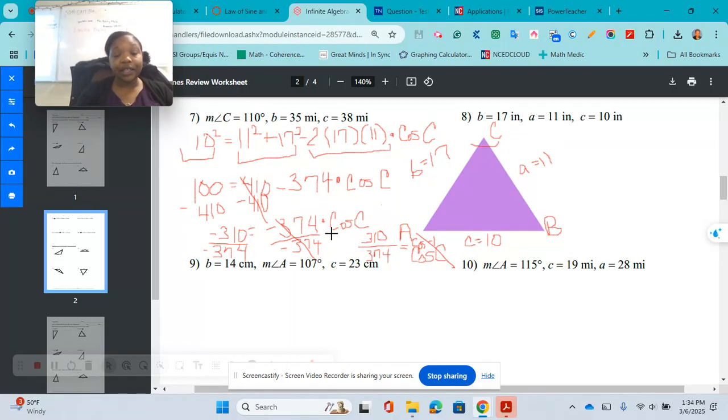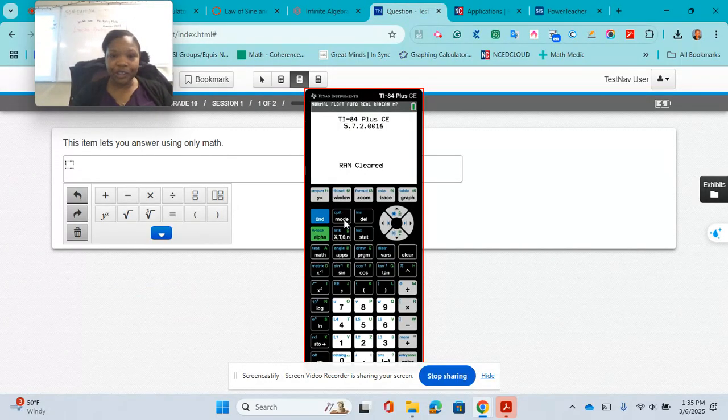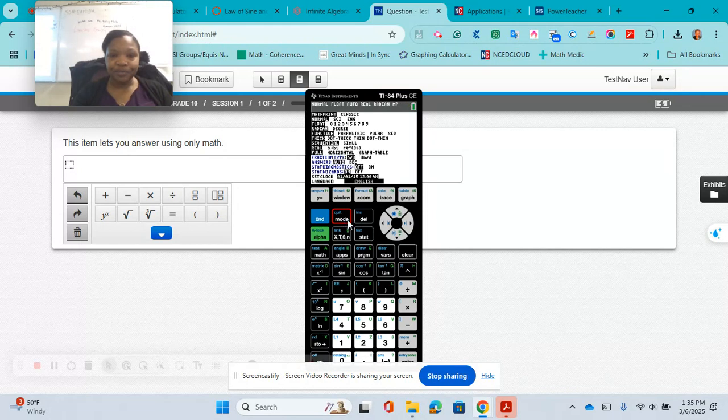So we end up having to get the cosine inverse. And I actually noticed you can keep it as a fraction if you want to. Put inside cosine inverse of 310 over 374. Make sure I check my mode. Make sure the mode is on degree.